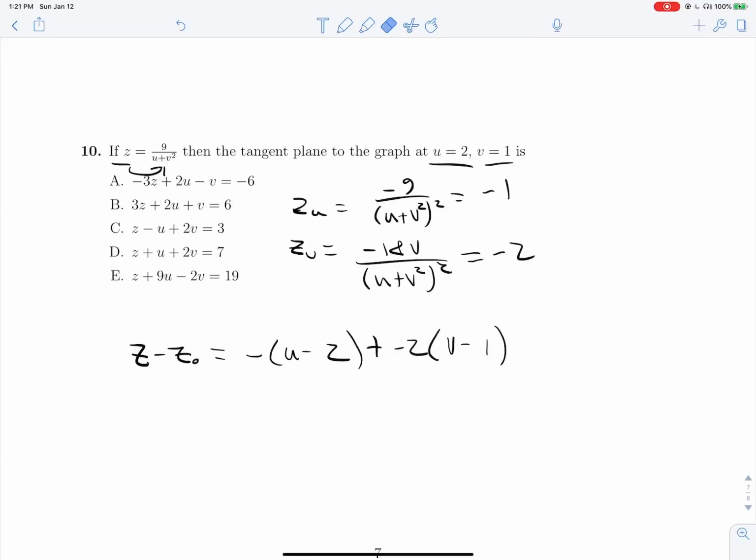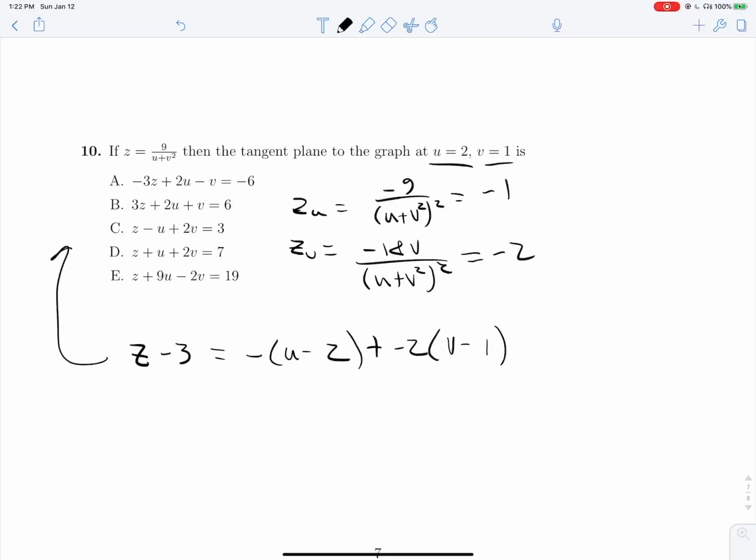Also our z naught we get from plugging 2 and 1 into this equation, to find what z value we're sitting at right now. So this is going to be 9 over 2 plus 1, so z naught is 3.